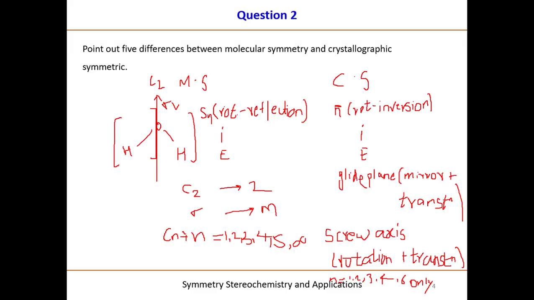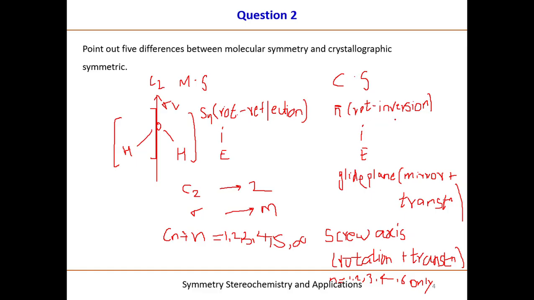This is another difference. In molecular symmetry, the Sn axis is given for rotation and reflection, whereas in crystallographic symmetry there is n bar, which shows rotation and inversion.